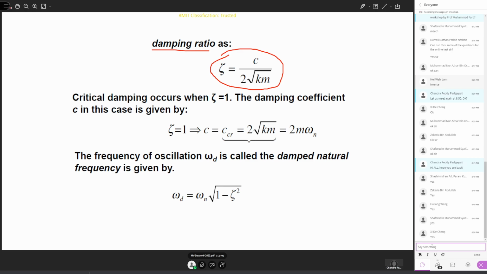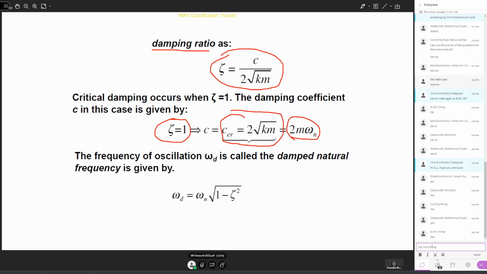So the damping ratio we can write as c over the critical damping constant. Now the critical damping constant is 2 square root of km. When eta is 1, the damping ratio is 1, so this c is equal to critical damping. So we can write the critical damping as 2 square root of km. You can also write it as 2 m omega n.